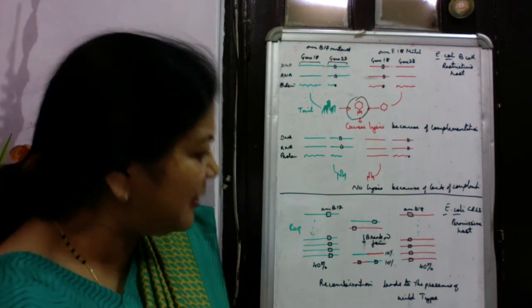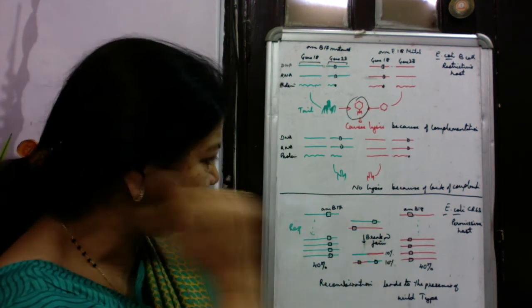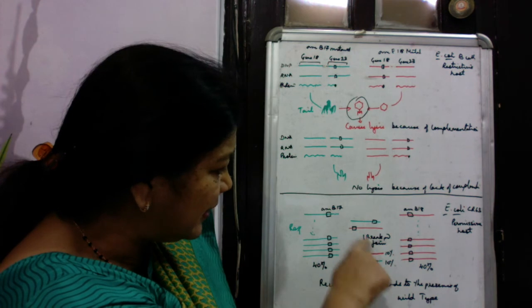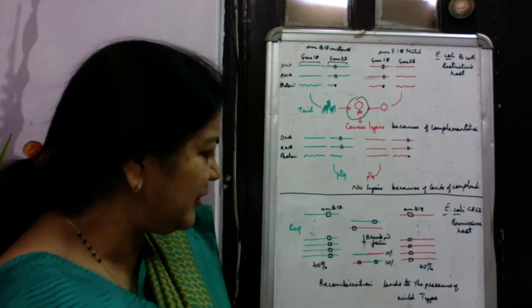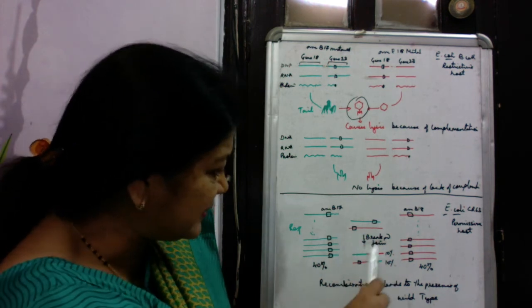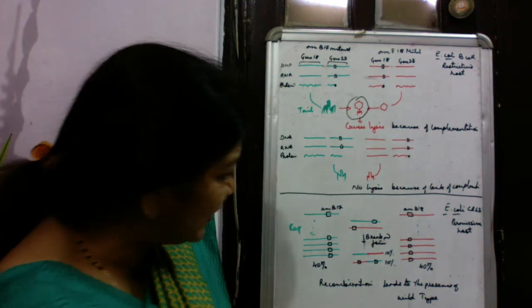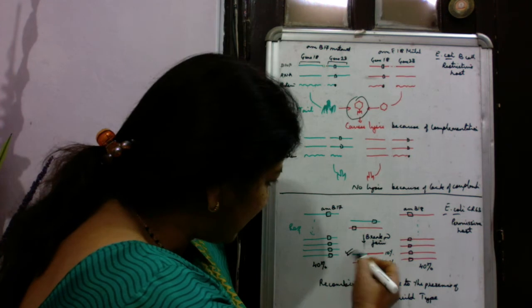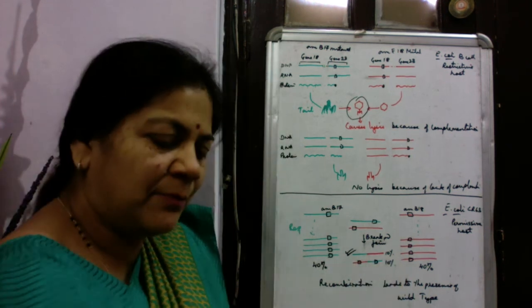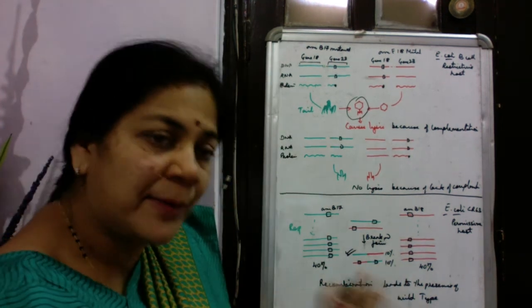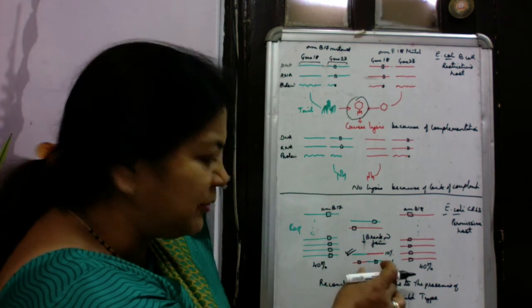Now, in the same protoplasm, it is also possible that you have a recombination, breakage and joining. So you have a recombination that has taken place over here. With this recombination, you can see that this is the wild type strand where both the mutations are absent, and this is a double mutant.